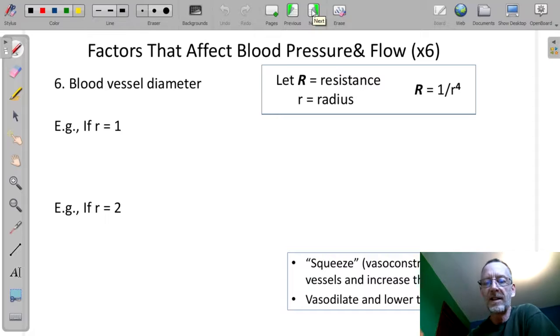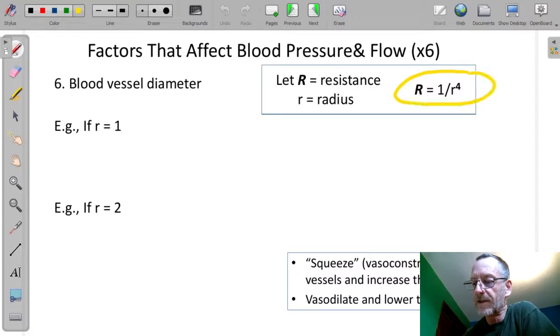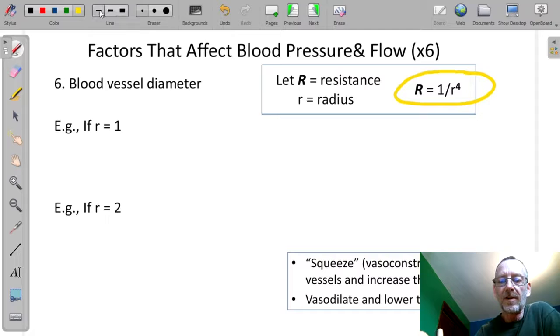So we're using the same relationship that we just introduced on the previous page. And now we'll just plug in a few numbers for R. So let's say if R equals 1, we're going to calculate the resistance, or estimate it. This is all relative.